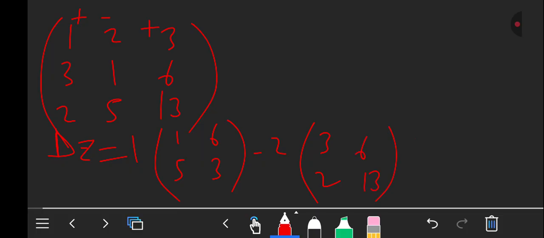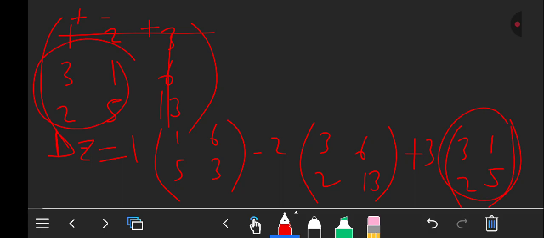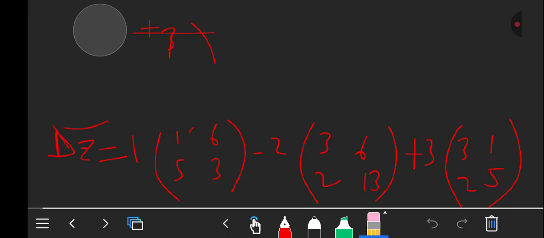Then we say plus 3. The matrix we're going to have is 3, 1, 2, 5. So plus 3 is this 3. Then we overshadow the column and the row where 3 is. So we get that this is the one we have there. So this is what to do. Then we find the determinant of z.